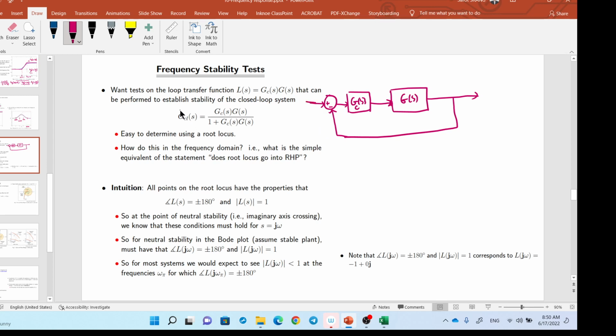So the closed loop transfer function here is the transfer function from the reference input, or you can call it the desired output, to the actual output. So you got the input and output like this. The inside of the blue one is the closed loop transfer function.